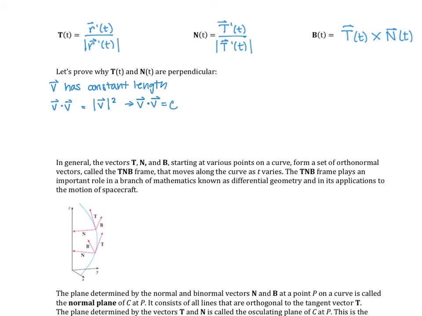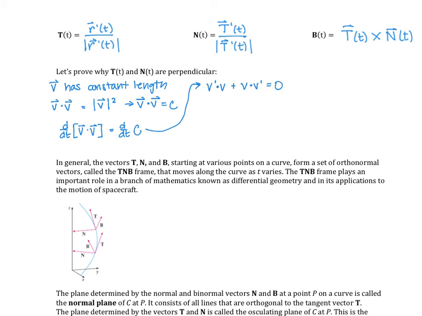We good with that? Okay, so now let's take the derivative with respect to t of v dot v and the derivative with respect to t of the constant. There is a rule that says if we're going to take the derivative of two vectors that are dot producted, we get the derivative of the vector dot the vector, plus, basically the product rule, the vector dot the derivative of that vector.